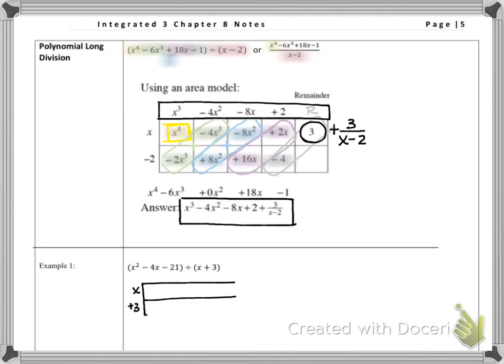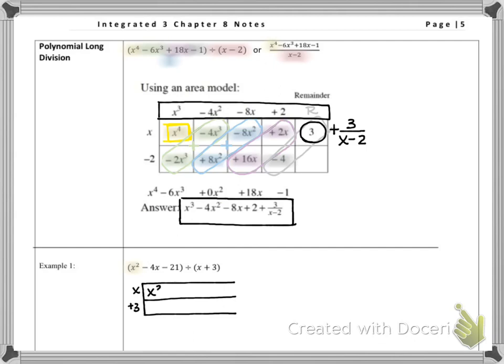Now, I don't like to close it off because I don't know how long I need it to be. Okay, if I take a look now inside and I find the term with the highest exponent on the first guy, so that's going to be my x squared. That goes into the very first box.